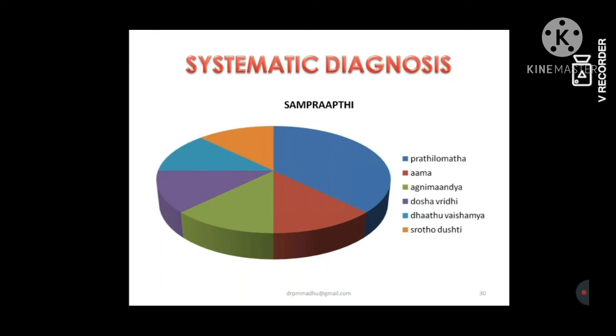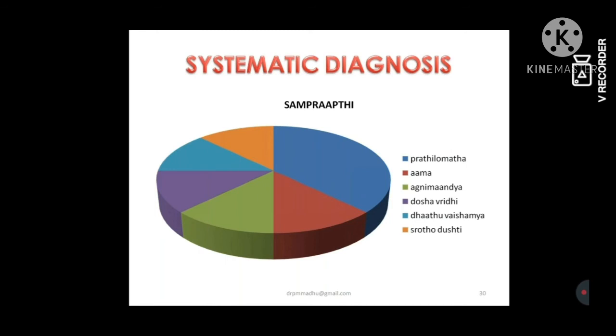So, in the case of eczema or acne vulgaris or scalp psoriasis, whatever may be the case, you identify the status of Prathilomatha initially in the body. Usually we will ask some questions, whether you are having constipation, whether you are having fullness of abdomen.